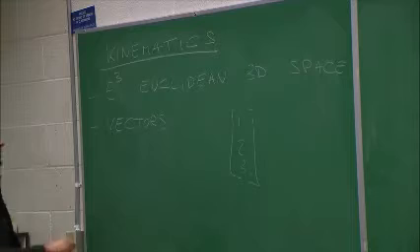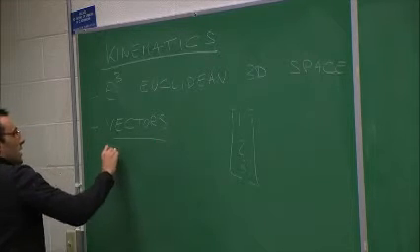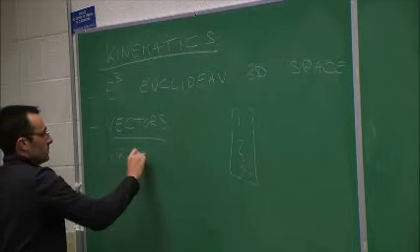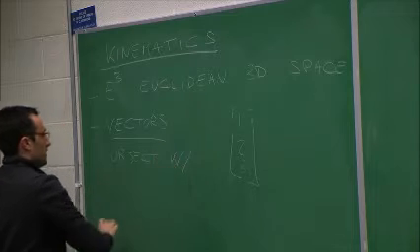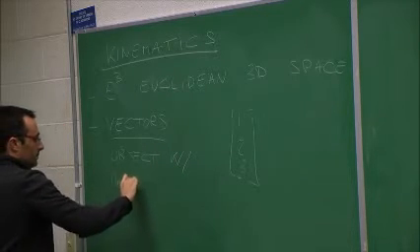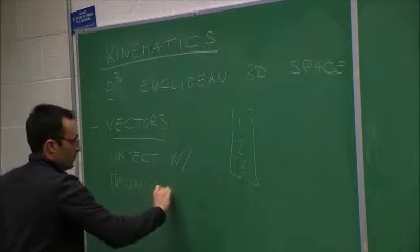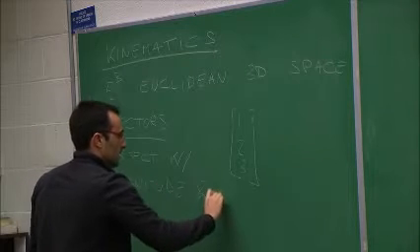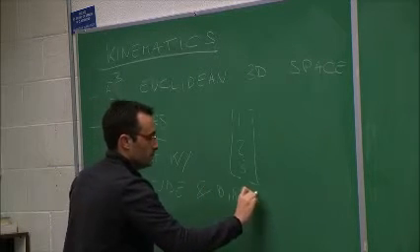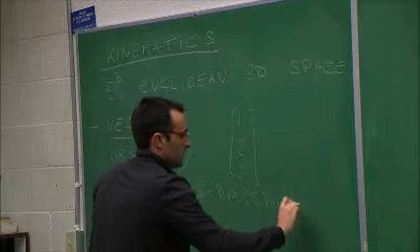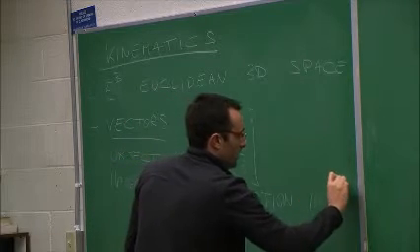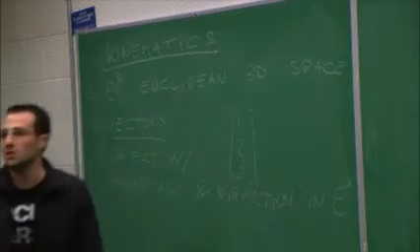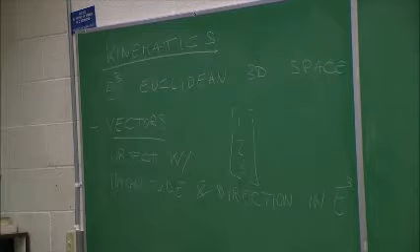A vector is an object with magnitude and direction in E3. And by object, I mean object. Like if I'm talking about this table.